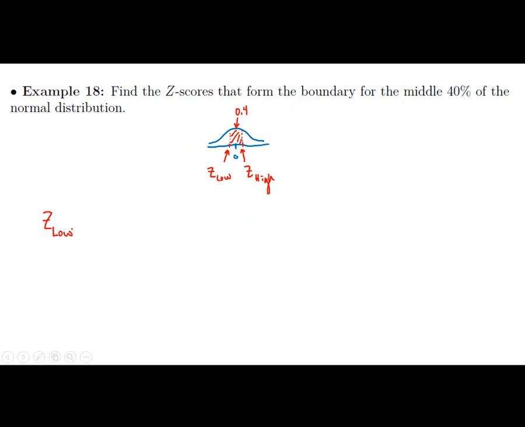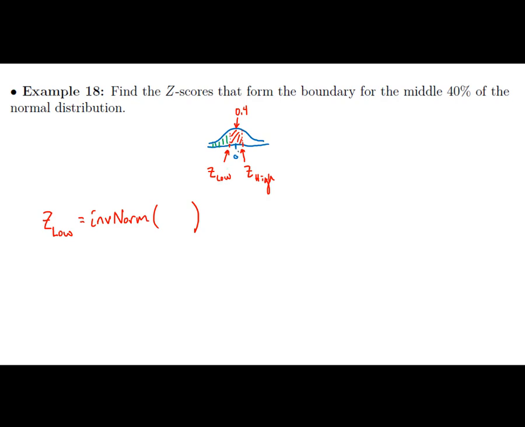So z-low, we're saying that's going to be the inverse norm of something, okay? But what we have to remember is that the inverse norm always needs us to give the proportion to the left. So when I'm looking at this z-low here, it's nice that this is 40%, but what I really need to put in the inverse norm function is this green region over here.